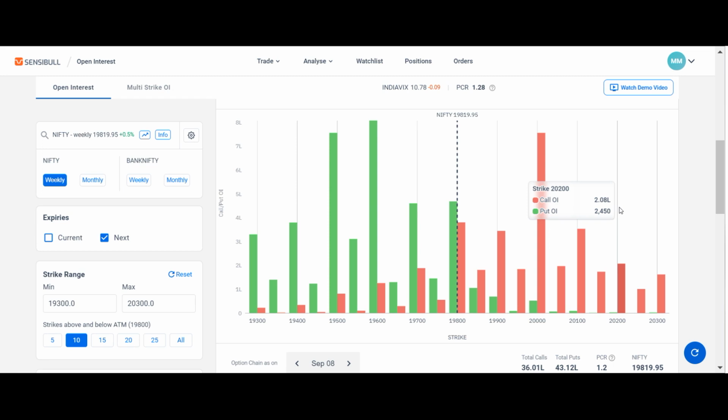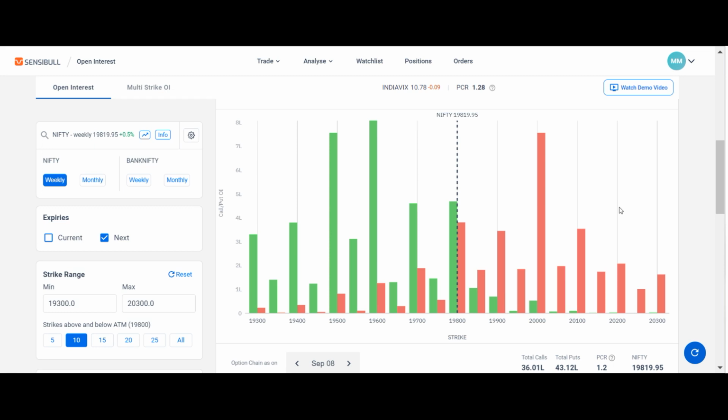That is useful for the next day's opening or the next day's first 1 hour. After half an hour, 45 minutes, new positions get built up depending on the market opening, and there will be a change in data. But what is important for us is to understand where the opening might happen and where we can get certain opportunities.